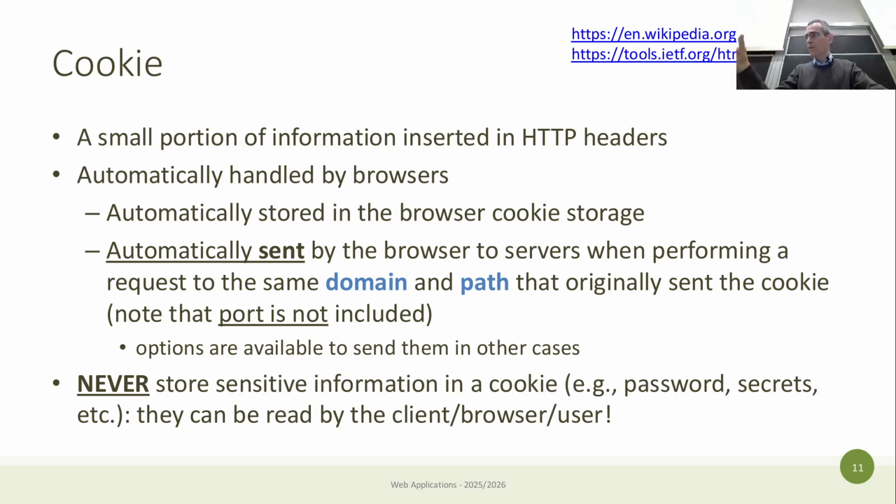Set-Cookie with a value, actually key plus value, and this key plus value will be stored by the browser, and the browser will send it back to the server every time you do a request from the same domain and path. So it's not like the Polito sets a cookie and it's sent back to Google, okay? It doesn't work like this because the browser knows that the cookie belongs to Polito, so it only sends it back to Polito when you make a request towards Polito, okay? So the university website.